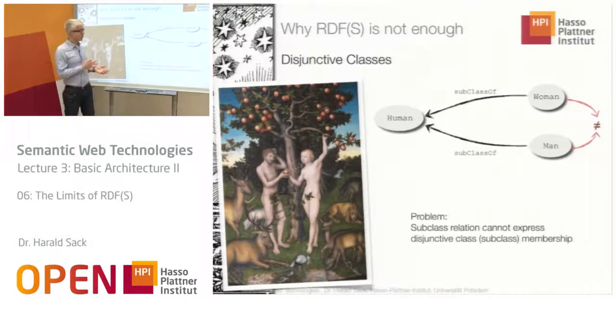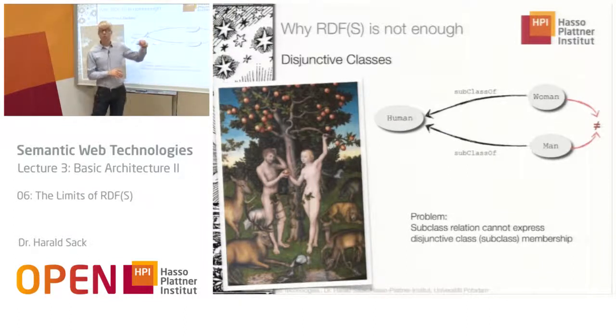So we do not have the means to express that two given classes are exclusive for their members. They are disjoint, so you can only be part of one class and not of the other. This restriction is not possible to formulate within RDF or RDFS.